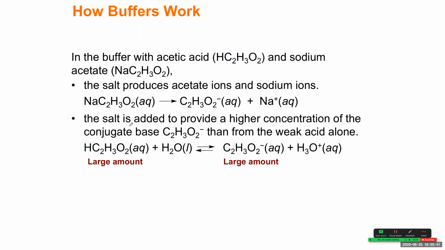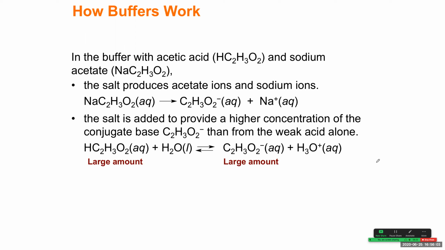The salt provides a higher concentration of the conjugate base than you'd normally get in the equilibrium with acetic acid alone. Remember, we did a calculation previously where the concentration of the conjugate base was very small because the Ka of acetic acid is very small.